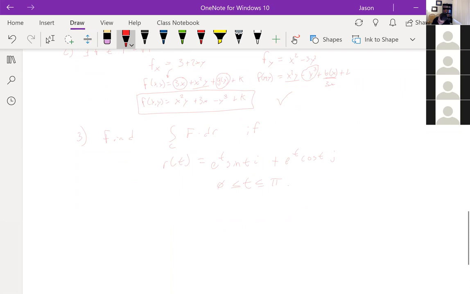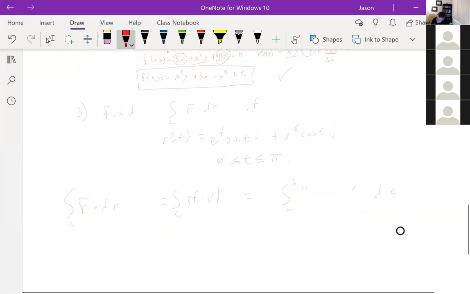using the fundamental theorem of line integrals, this thing, the integral of F dot dr, is going to be equal to the gradient of f dot dr, which is going to be equal to what? It's going to be equal to the integral from a to b of this function, I'm just going to put quotes in here from before, dt, right?